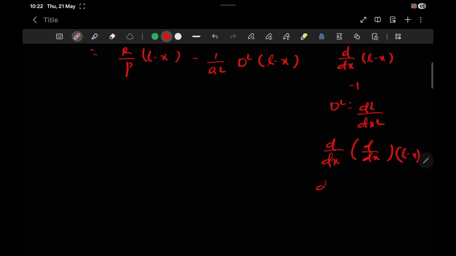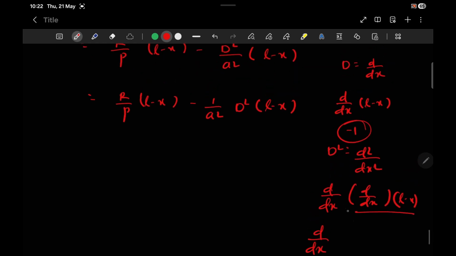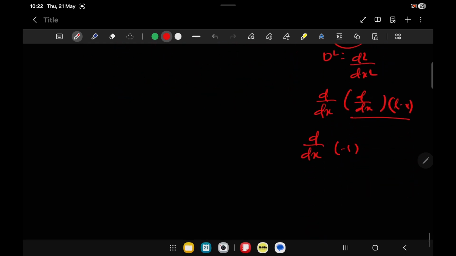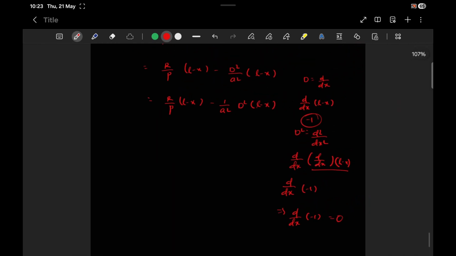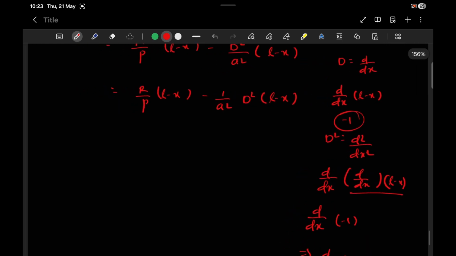We have d by dx of L minus x is minus 1, that is d by dx of minus 1 is equal to 0, as minus 1 is a constant. So this whole term becomes 0. So r by p, L minus x. So our particular integral is r by p, L minus x.